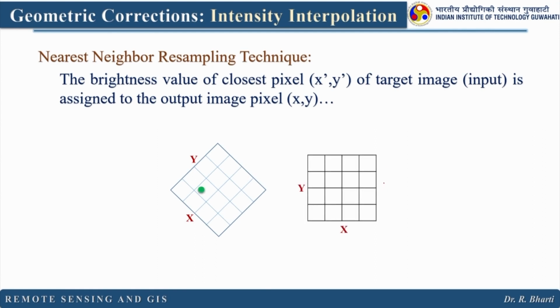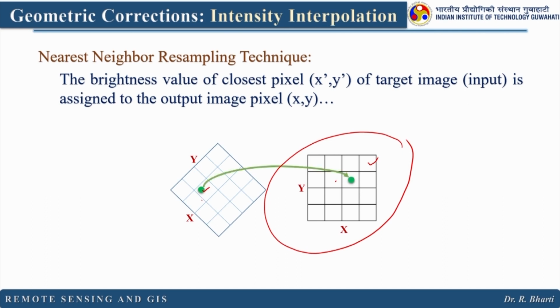Now, this output is basically the location of these pixels corrected using the spatial interpolation technique. Now, you want to extract these DN values and locate them in your final image, right. So, how will we do that? We will take that and plot it here. In nearest neighbor, whatever is nearest to this, that value will be taken, right.